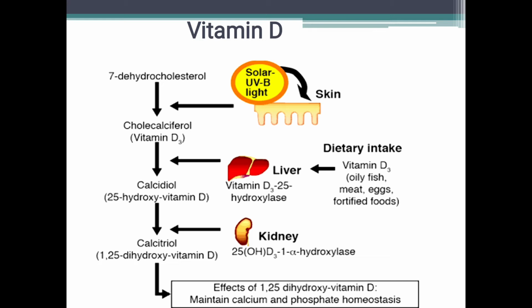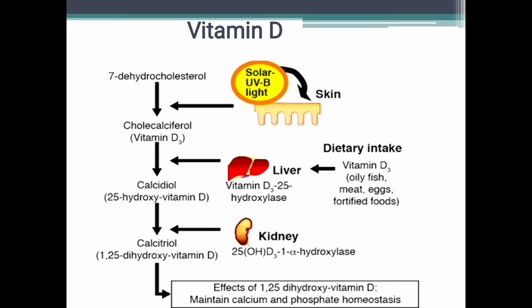How it has a feedback inhibitory effect on its own conversion is important for 2 reasons. First, when the intake of vitamin D3 can increase many times, the concentration of vitamin D3, meaning cholecalciferol, increases many times, but the concentration of 25-hydroxycholecalciferol remains normal.